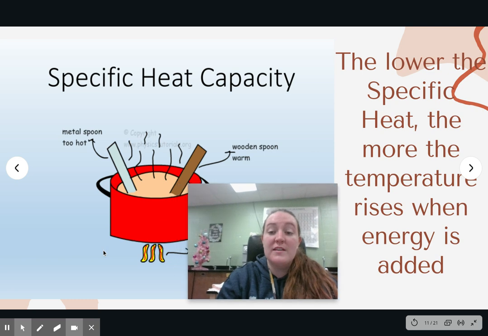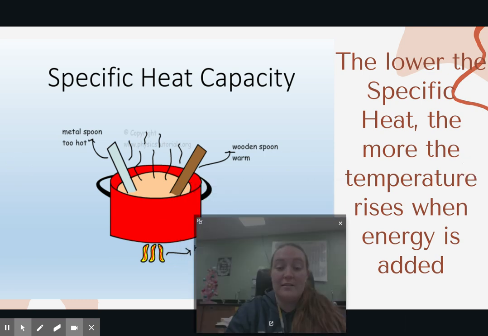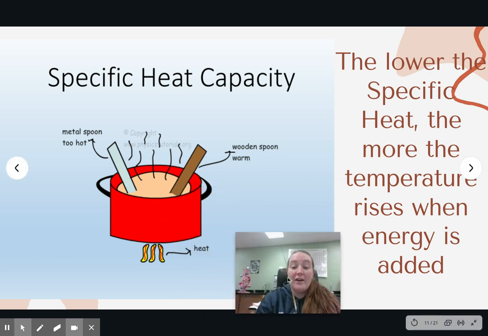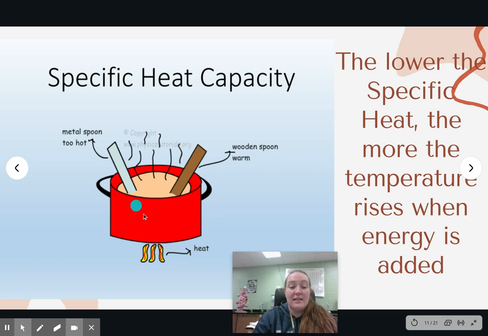The lower the specific heat, the more temperature rises when energy is added. So let's say this. You have a pot of boiling, looks like soup, whatever, probably should be water. You're adding heat to that. And you have a metal spoon and a wooden spoon. If they've been sitting in the heat the same amount of time, common sense says which one's going to be hotter?